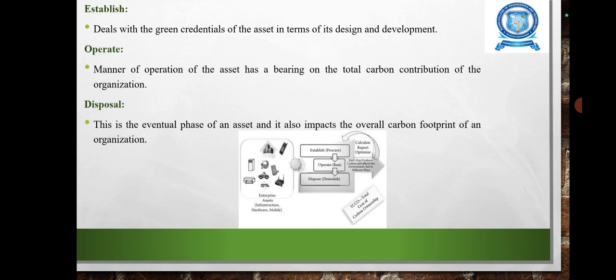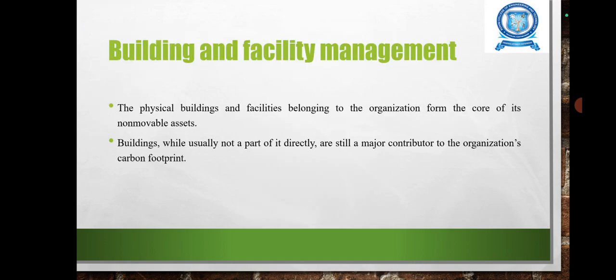The next one is building and facility management. The physical buildings and facilities belonging to the organization form the core of its non-movable assets. For example, here the building is usually not a part of IT directly.